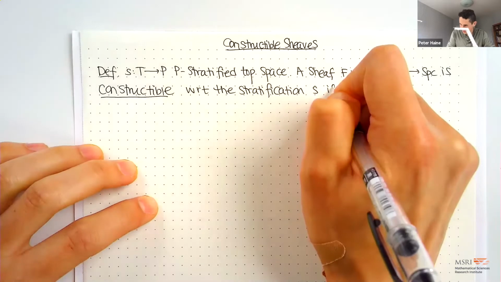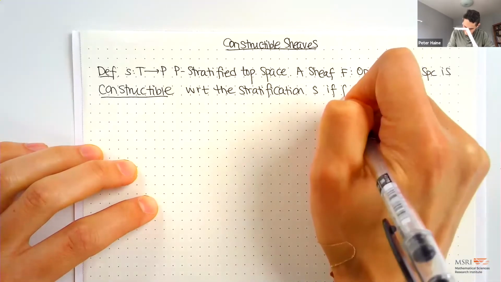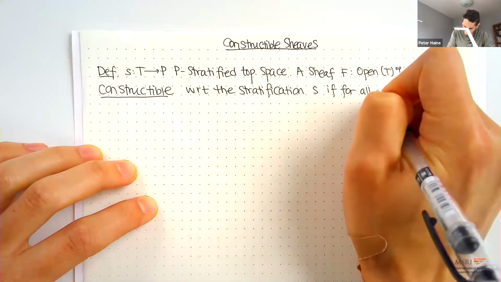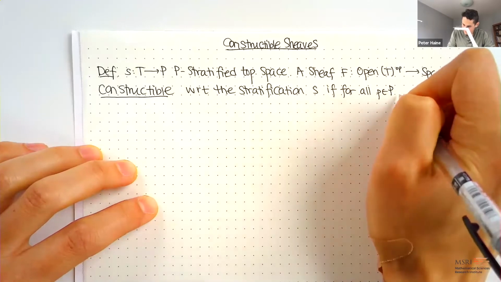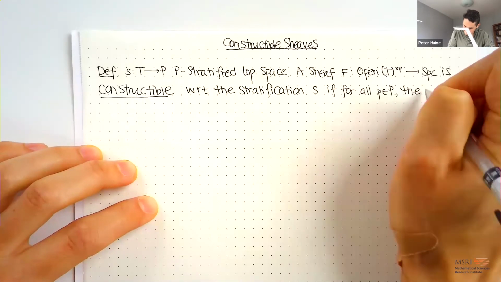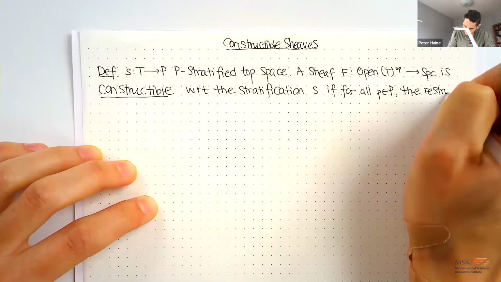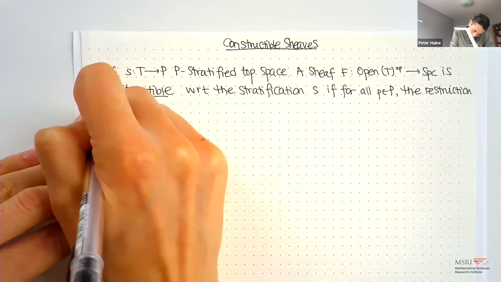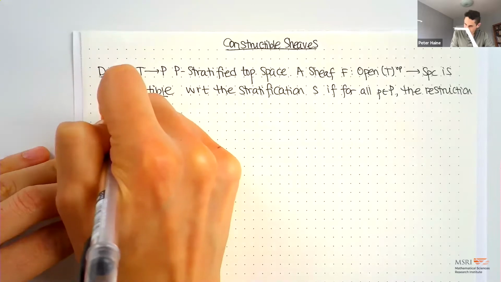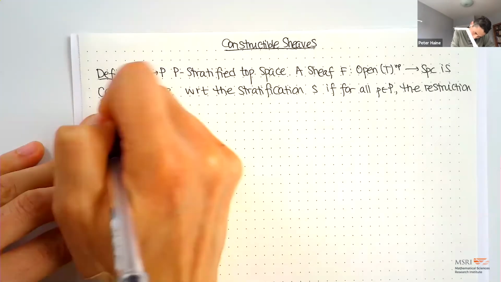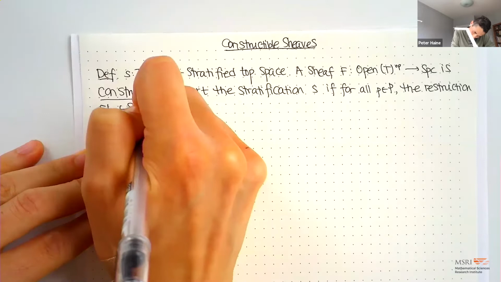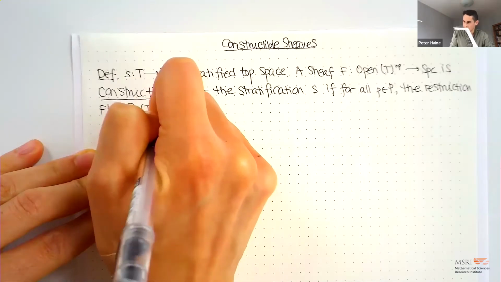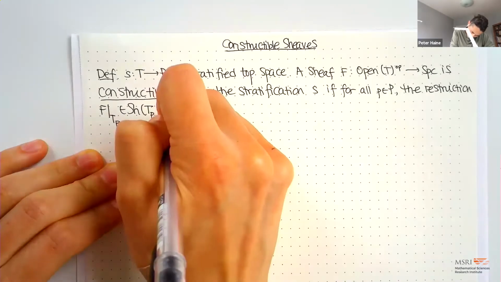If for all points p in the poset, the restriction of the sheaf to the pth stratum, so this is a sheaf on the pth stratum, is locally constant.